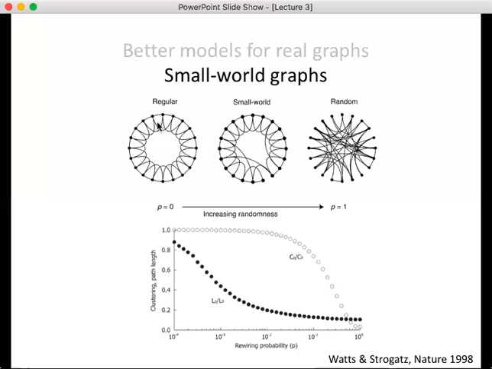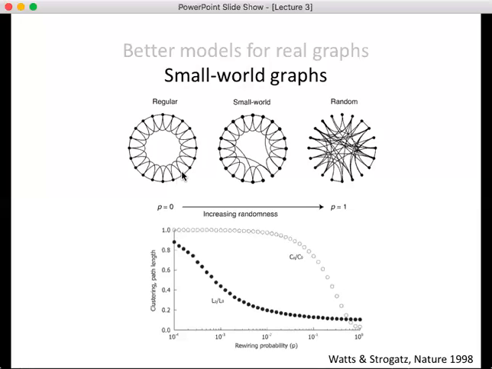On the regular graph side, the path length is now very large. Why? Essentially because if you want to go from here to here, you have to cross a lot of nodes. There is no shortcut. So the path length is long. And the clustering coefficient on the other end is very high.